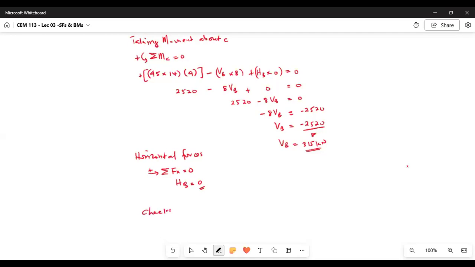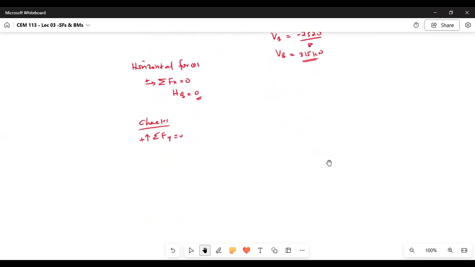We apply the checks. Sum of forces in the y, 0. Upward force is plus. Okay? So with that, we have the VB, right? I don't want to go back there. We have the VB minus 45 times 14, plus VC.